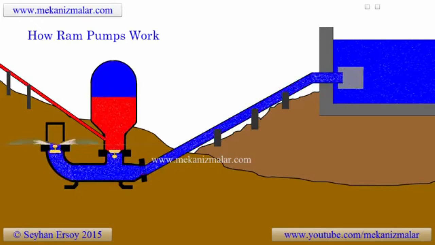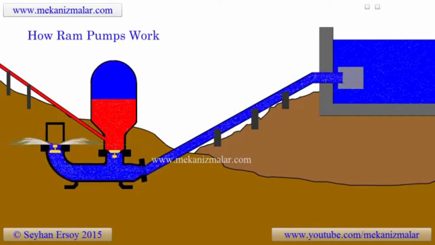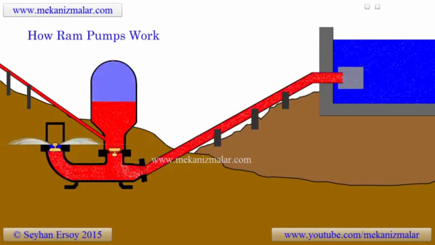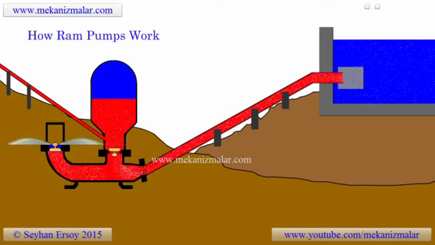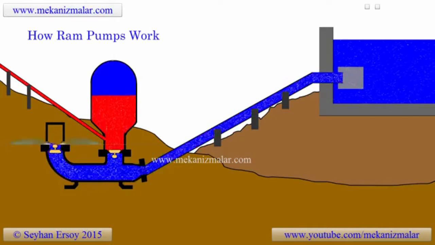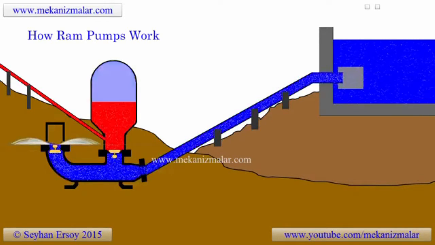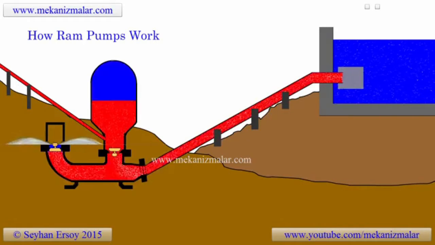Here we have a real example of what we have explained. We have a water tank on the right. The ram pumps using the potential energy of the flowing water to pump the water to a higher elevation. At 100% efficiency, that means the water flow 10 liters per second at 10 meters drop.